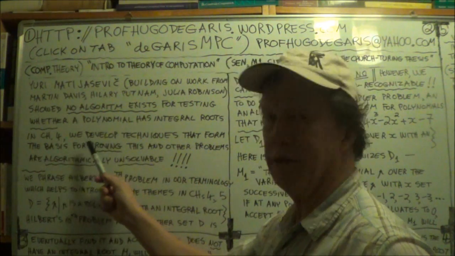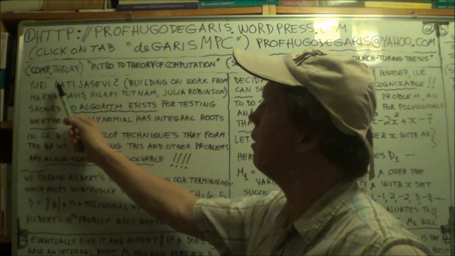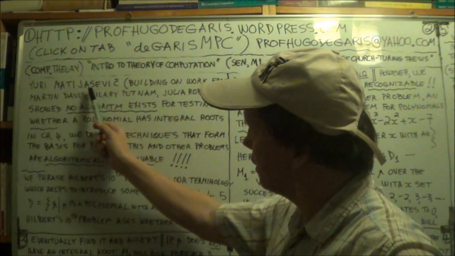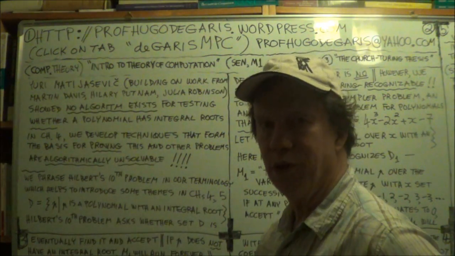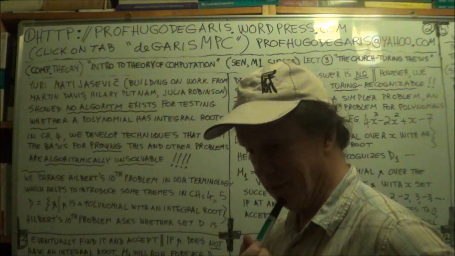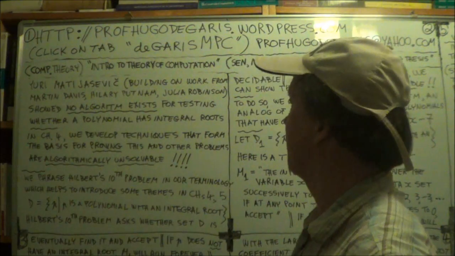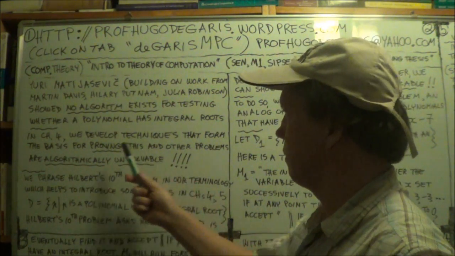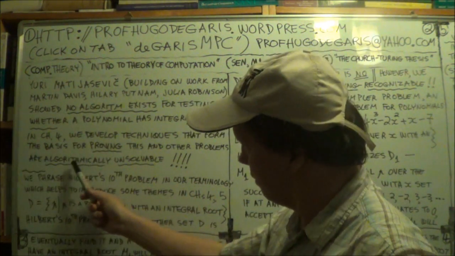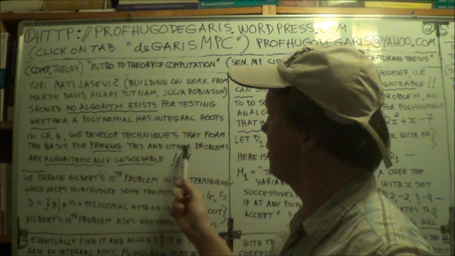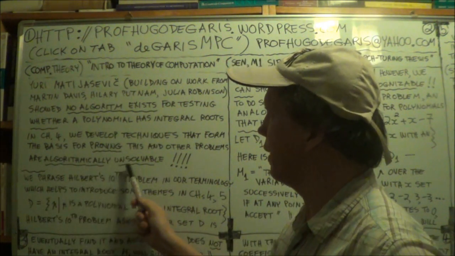Having done chapter 4, we'll understand better how Matiyasevich proved what he did, namely that there is no algorithm for this problem. In other words, that this particular problem and others are algorithmically unsolvable.